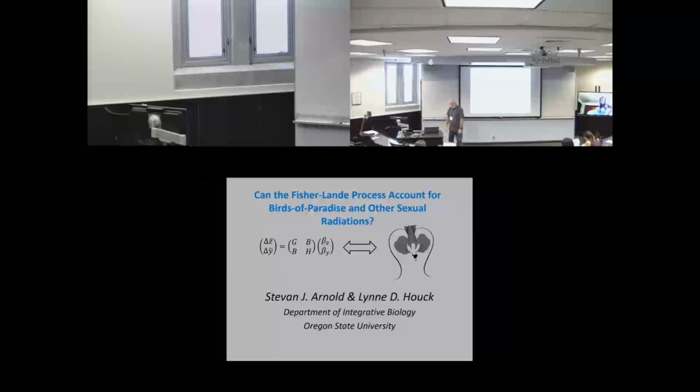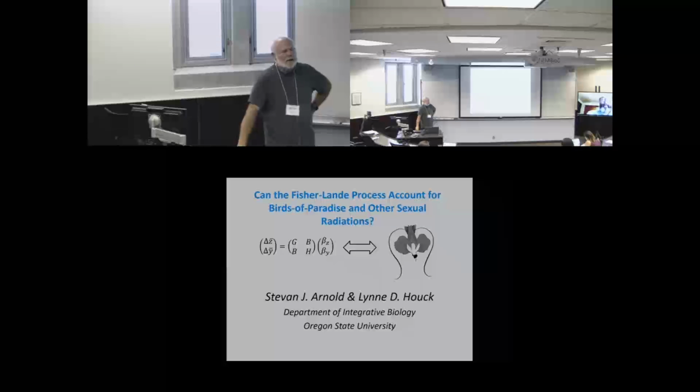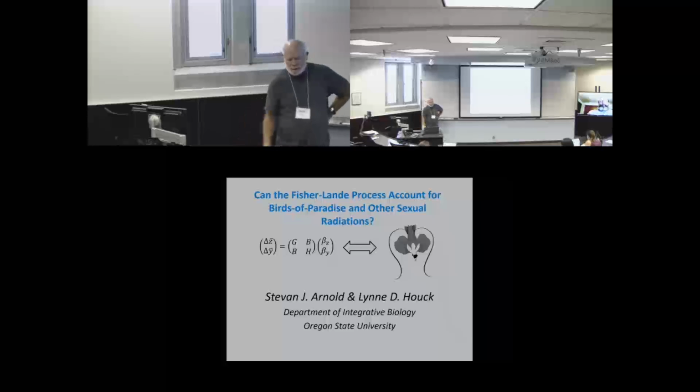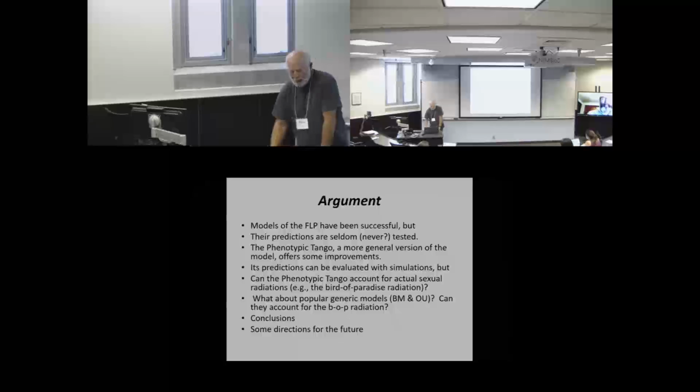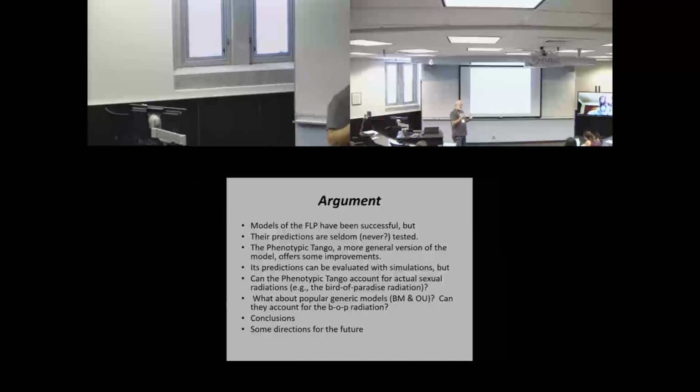But one of the most successful attempts to take a functional complex like that and look at its evolution was the so-called Lande-Fisher model. So what we're going to look at is the general problem of trying to connect up this Lande-Fisher process, which is a model for the evolution of sexually selected traits and the preferences that drive them.